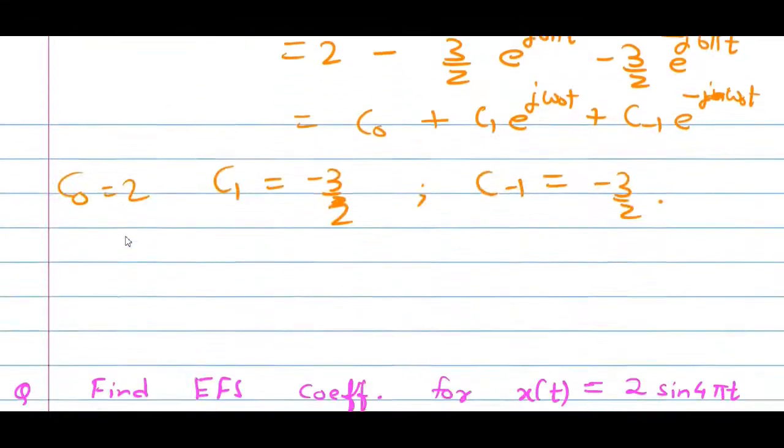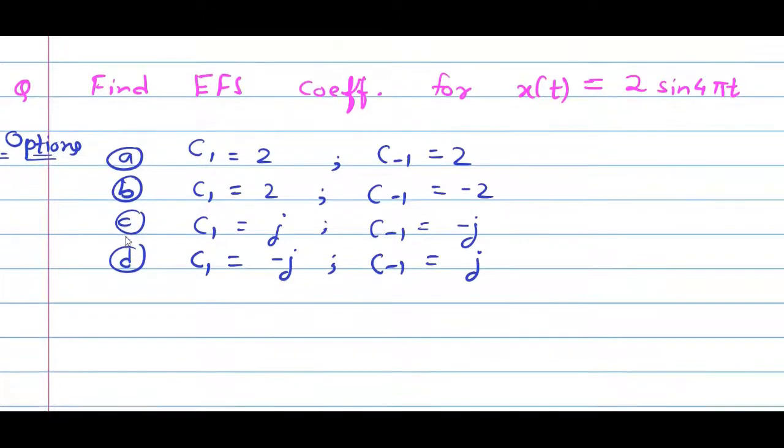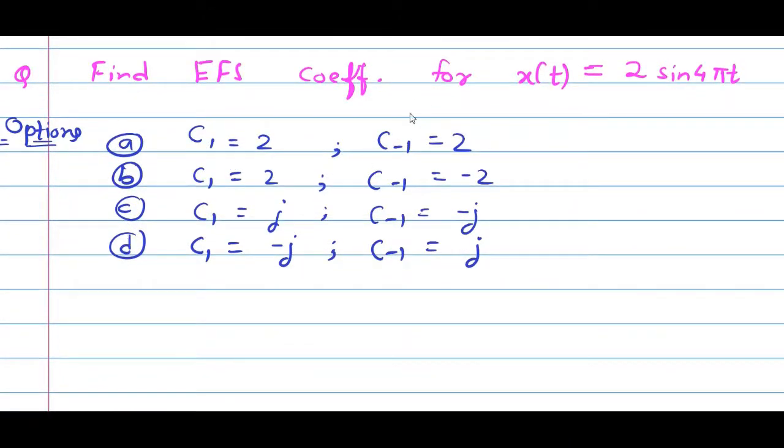Now let's try one more question. Find the EFS coefficient for x of t equal to 2 sin 4 pi t. So use the basic formula: sin theta is e raised to j theta minus e raised to minus j theta upon 2j.